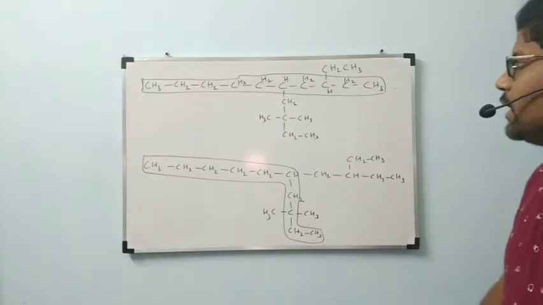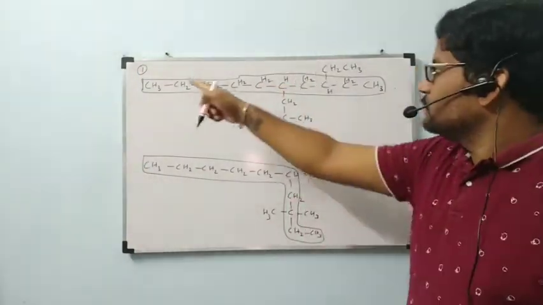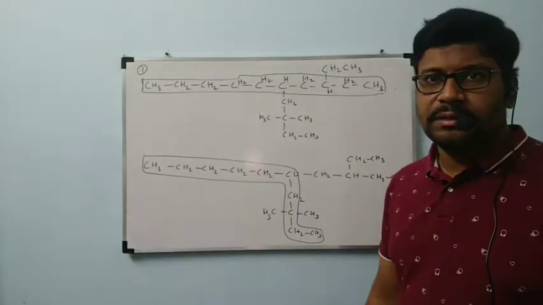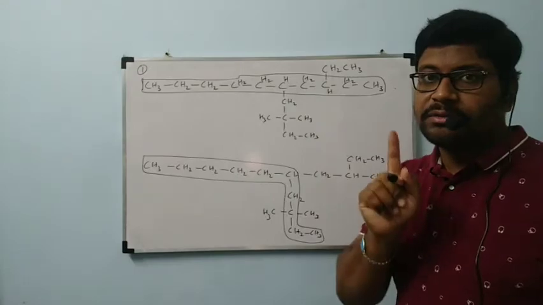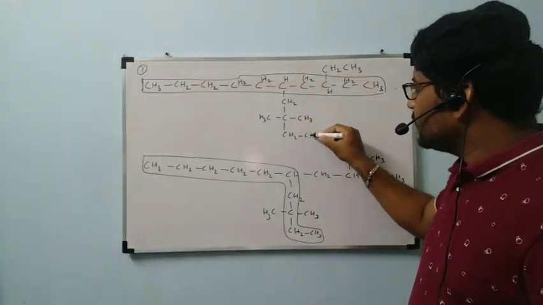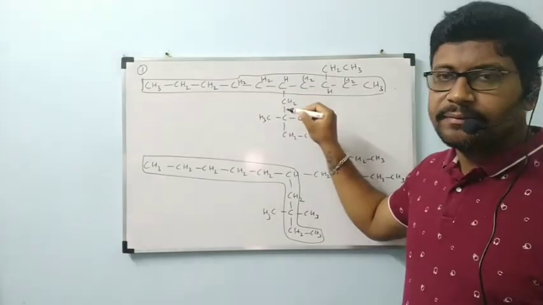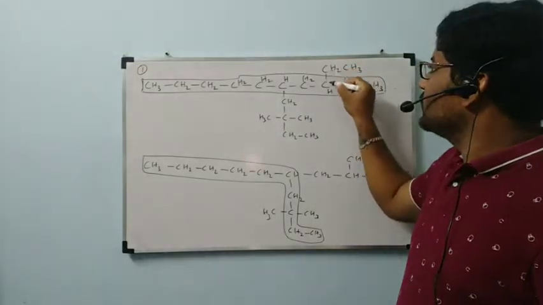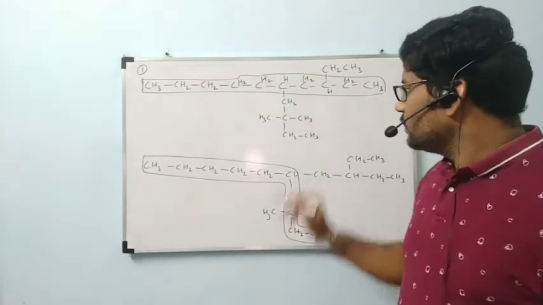Now coming to possibility 1. This parent chain has side chains. Here you have to understand that the chain which is directly bonded to the parent carbon is called a side chain.